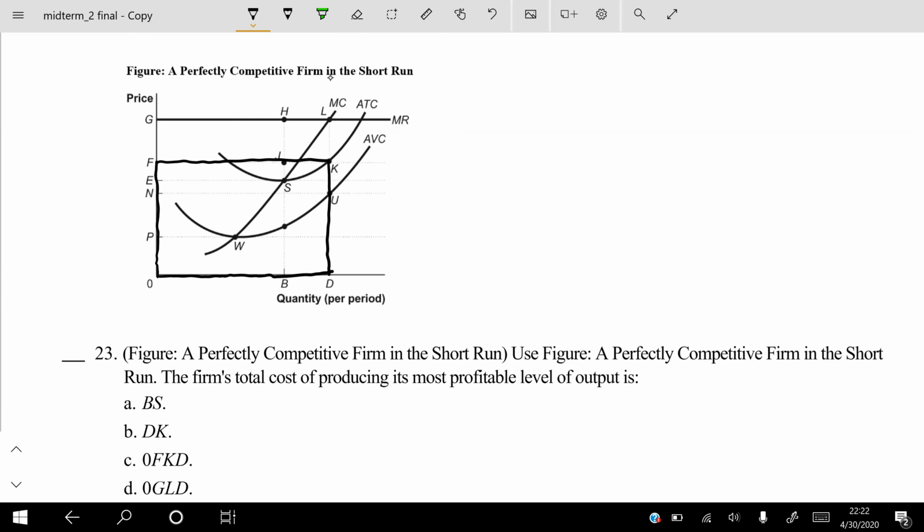So let's see what's happening here. The firm's total cost of producing at its most profitable level is 0, F, K, and D.